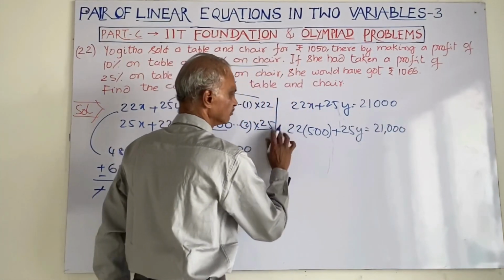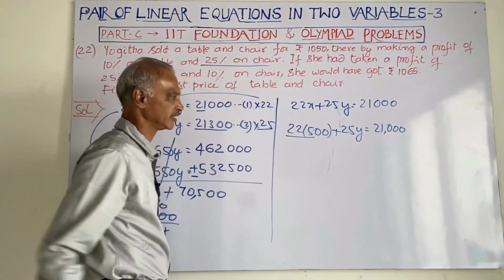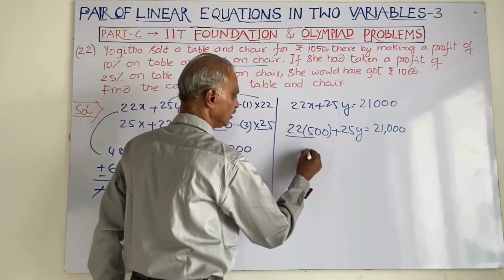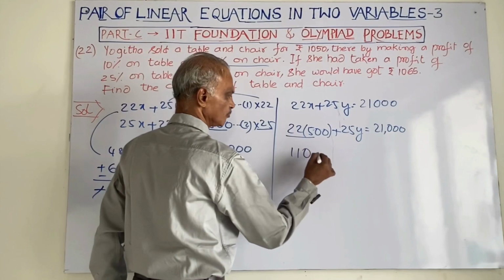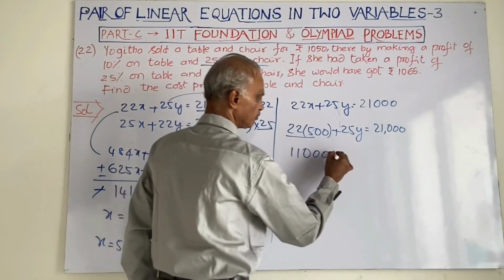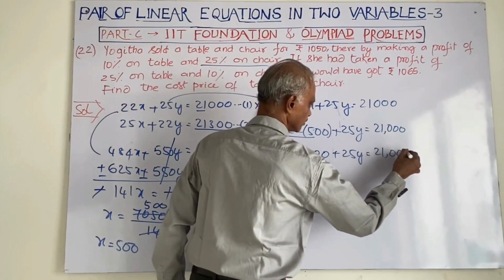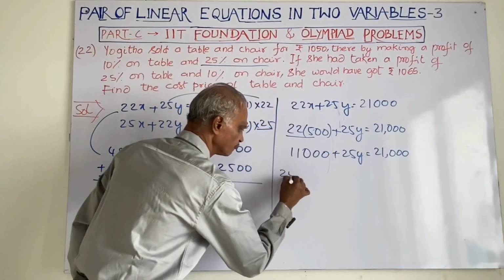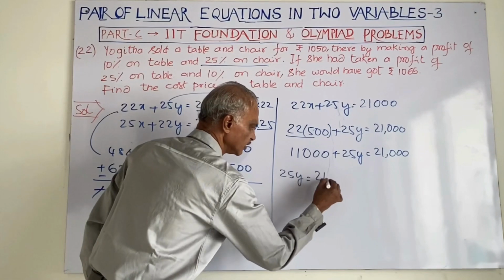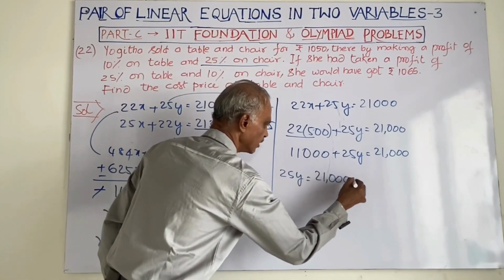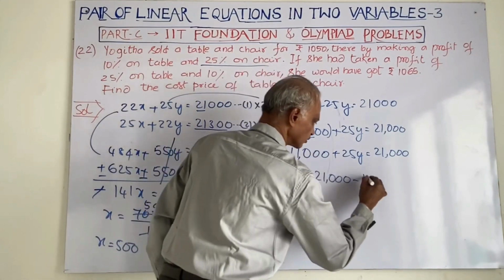Next 22 into 500 means 5 2s are 10, 5 2s are 10, 11 thousand plus 25y is equal to 21,000.